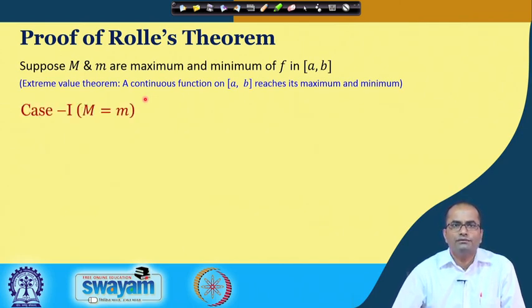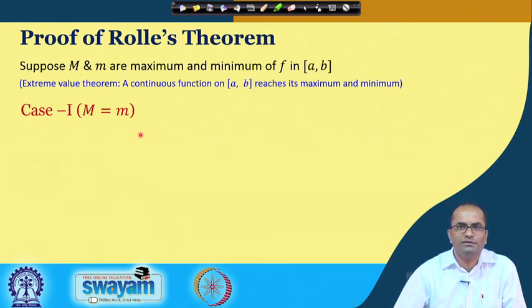Now we consider a particular situation, case 1, when M is equal to small m. So, the maximum value is equal to the minimum value. Think about this situation, where the function has the maximum and the minimum value the same. Clearly there is no change in the function value.